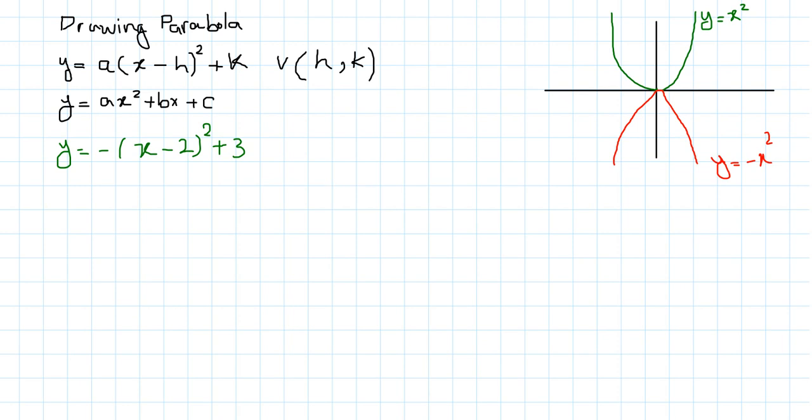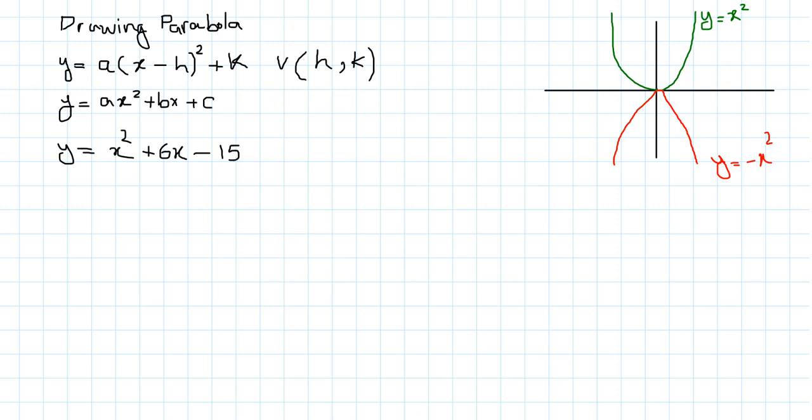Okay, let's go to another example and draw by the standard formula, the standard shape. What should we do? How can we draw it easily? So let's start with an example. y equals x squared plus 6x minus 15.